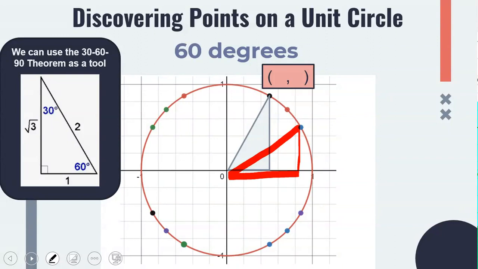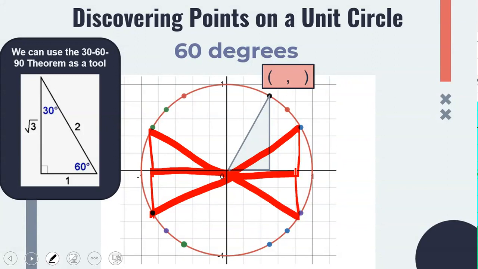And if you think about it, this guy can come all the way over here and draw another 30 degree, right? Similarly, we can go over here and this part right here is going to be 30 degrees. And if we go across this way, that's 30 degrees.